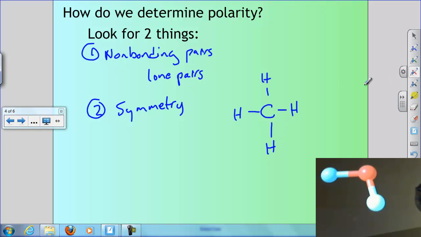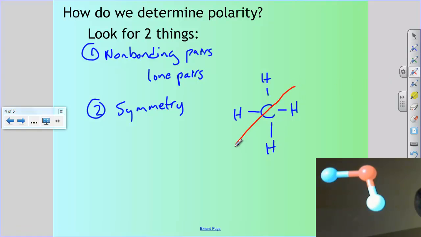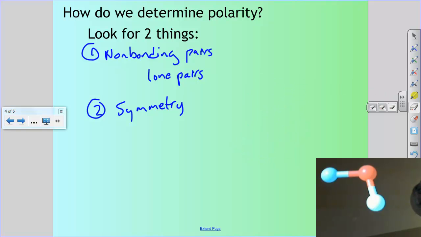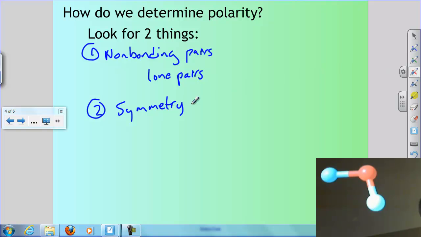But if I had this methane molecule, I could cut it in half any way. I could cut it down this way or down this way. Whatever way I cut it, it's the same on either side. So the symmetry thing is pretty important for us. If they exhibit symmetry, if they're the same on every side, like same molecules and everything, then they're not going to be polar.